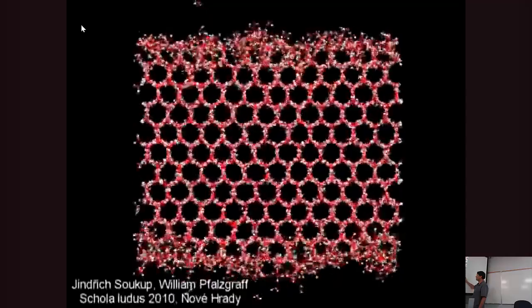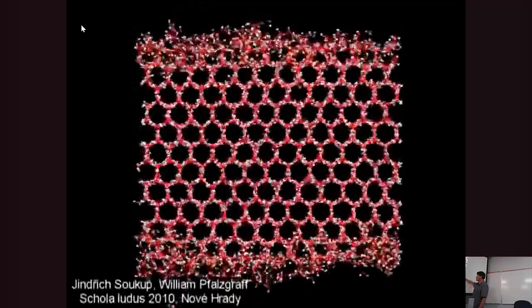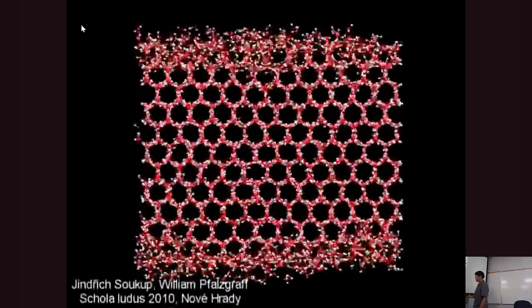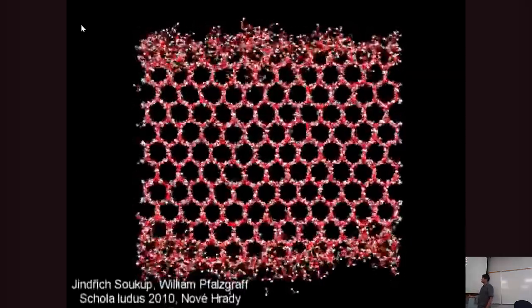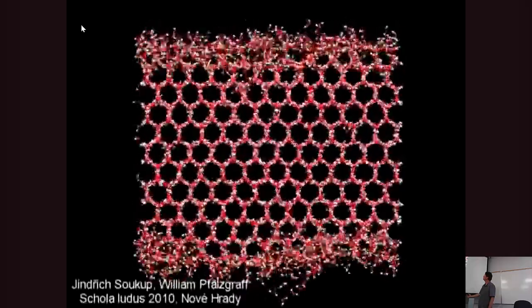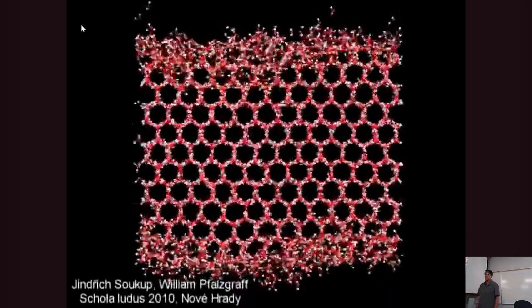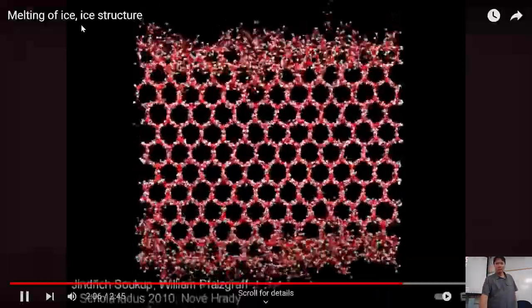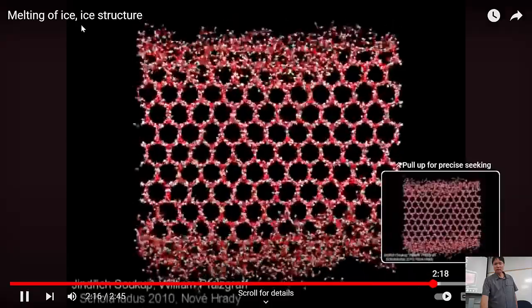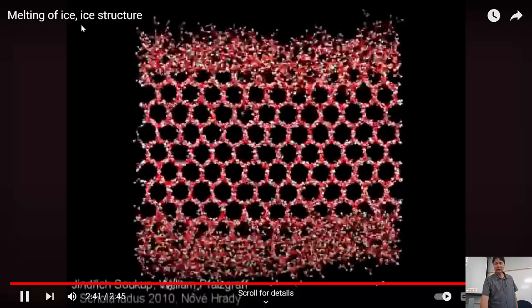Or, if you have a big ice cube, it depends on how big the ice cube is. It takes time for the heat to diffuse into this structure here. All right, let me fast forward. Okay, we don't have this completely melting, unfortunately.